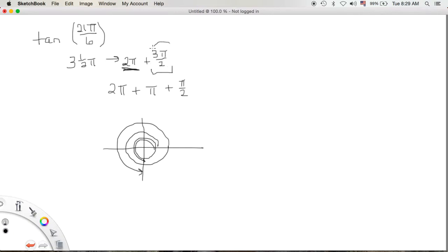So if we've got this 3 pi over 2 on our unit circle here, then we can use that to figure out what the tangent is. Now remember, with our unit circle, we only have sine and cosine. So we use the fact that tangent is sine divided by cosine to be able to figure this out. The only problem is here, what's the sine of 3 pi over 2?